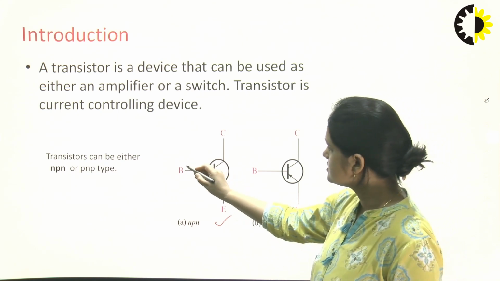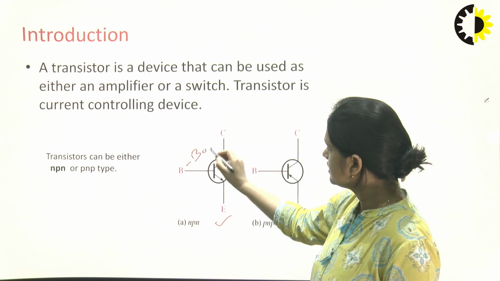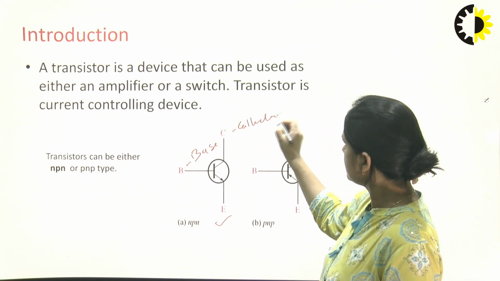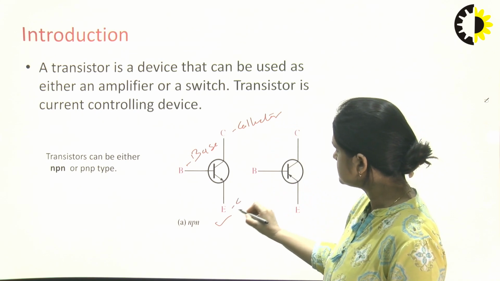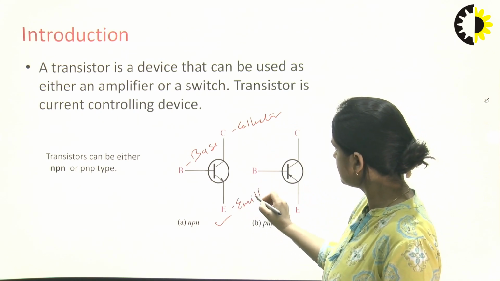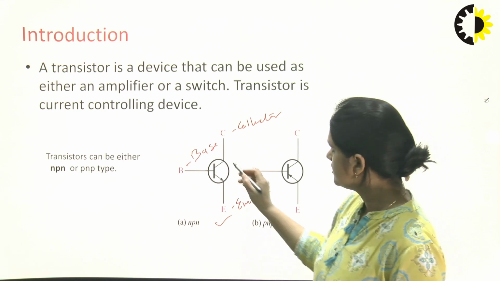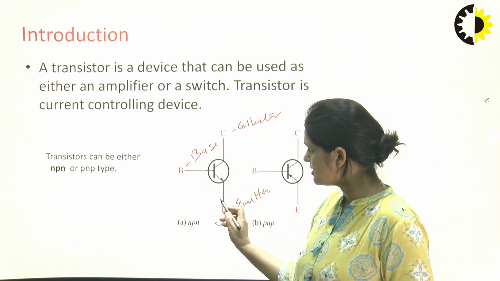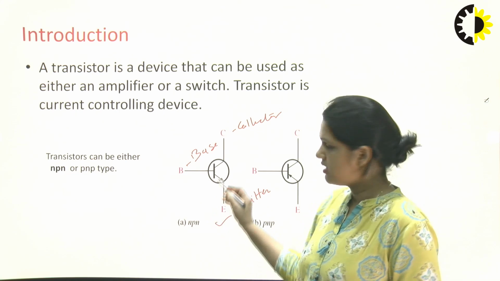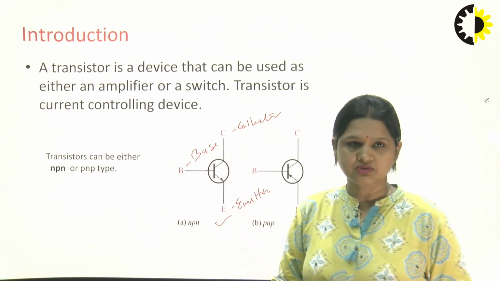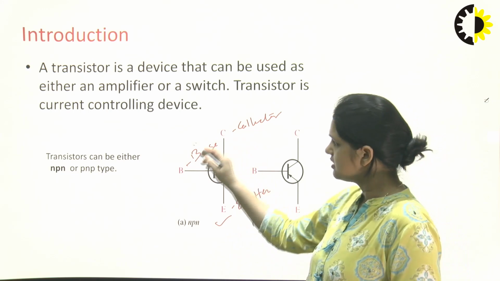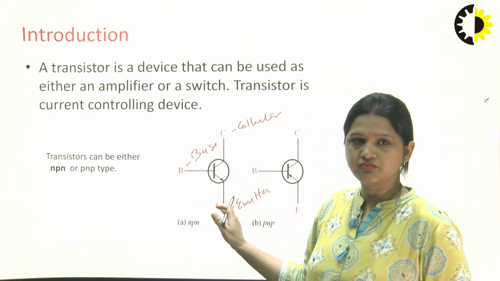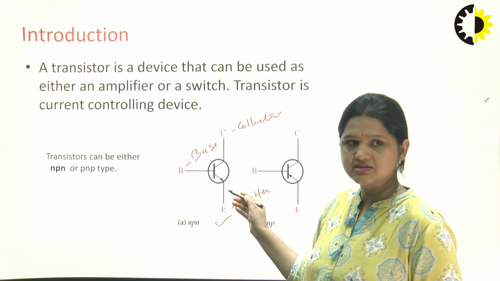This is known as the base terminal, this is the collector, and this terminal is known as the emitter. If the base to emitter junction is forward biased and the collector to base junction is reverse biased, then this transistor is known as an active biased BJT.